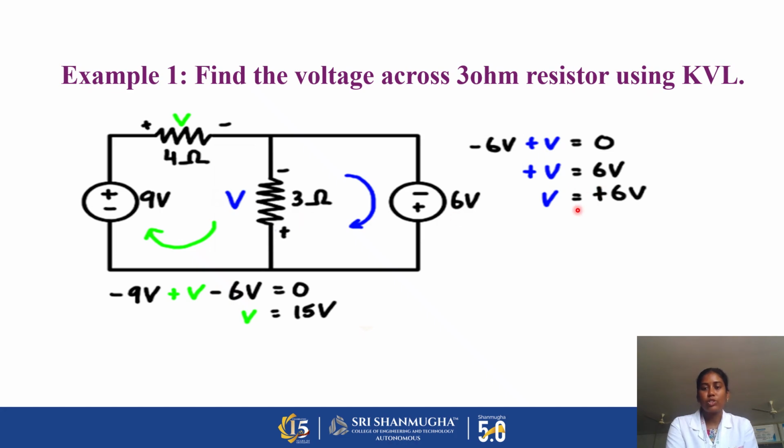So that is mentioned here. If you consider this loop, 9 volt, this one we don't know, and this we know, minus 6 volt. So 9 minus minus 6 volt is equal to 15 volt. So that is the voltage drop across the 4 ohm resistor.